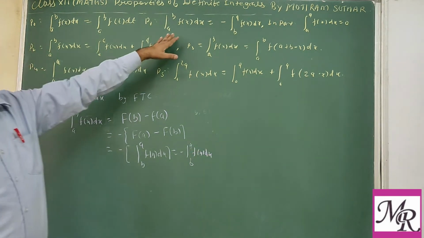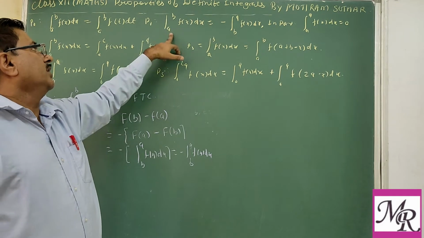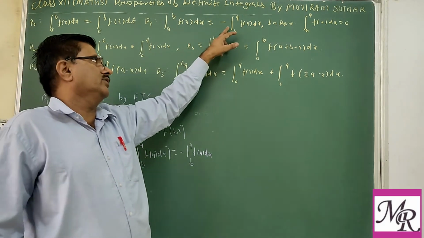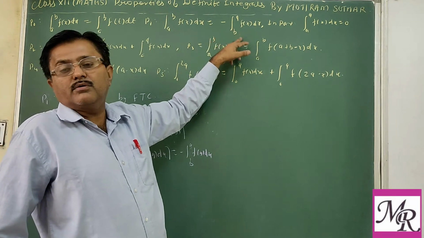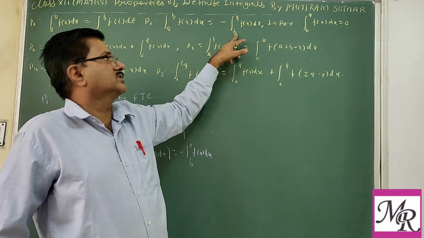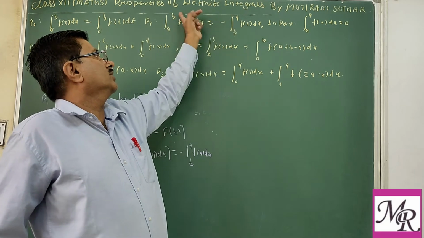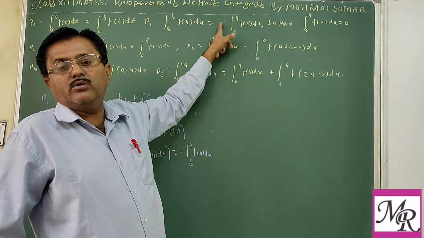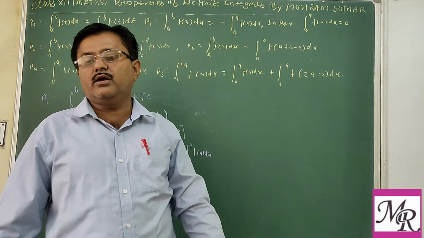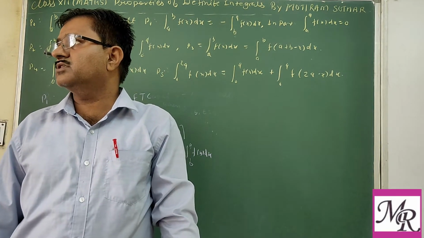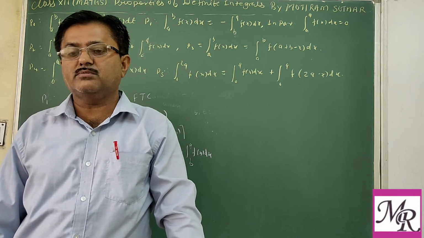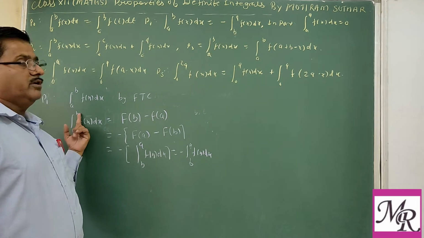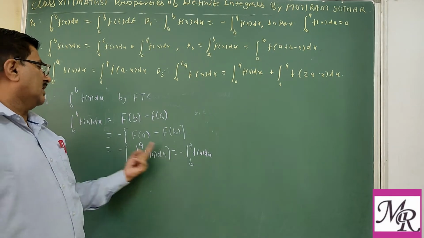So the P1 property says the integral from a to b of f(x) dx can be rewritten as minus of it with the limits interchanged. The upper limit is converted into the lower limit and the lower limit into the upper limit, only the sign of the integration is changed. In some problems you can easily interchange the limits with the change of sign. Clear?